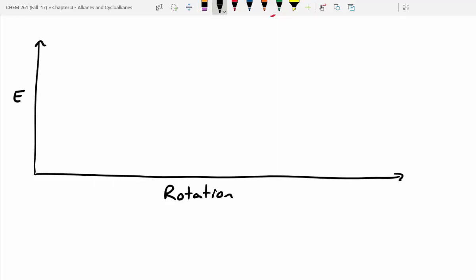Okay, so we said staggered is going to be down here, relatively low in energy. We said up here we're going to have eclipsed. And then the second staggered, is that going to be the same as the first one? Yeah, it's protons. All I did was change the color. So it's going to be down here.